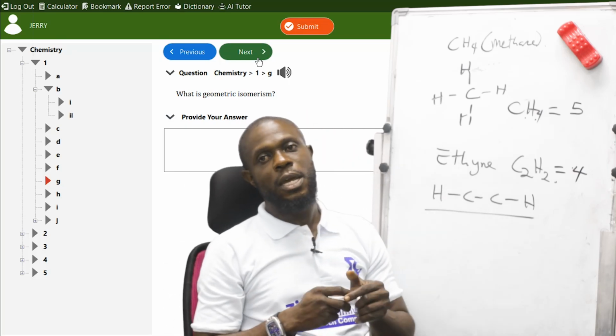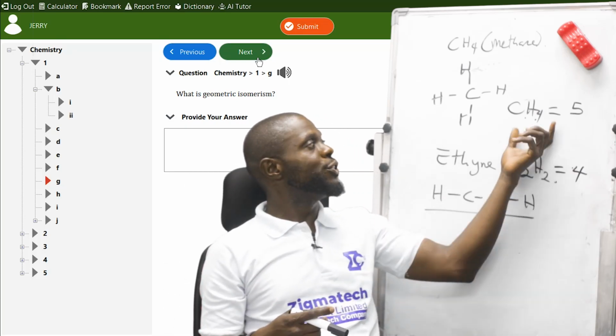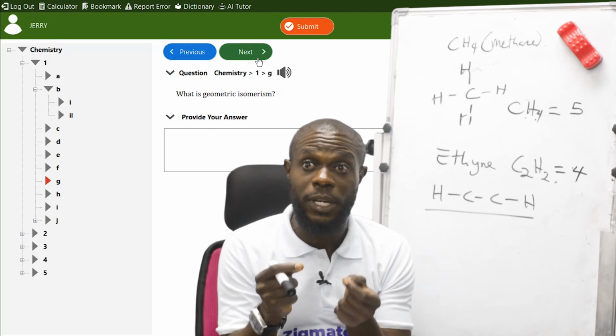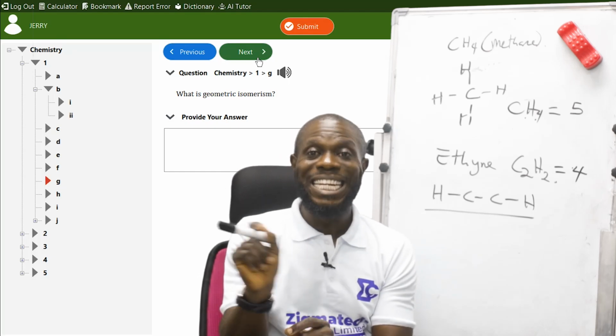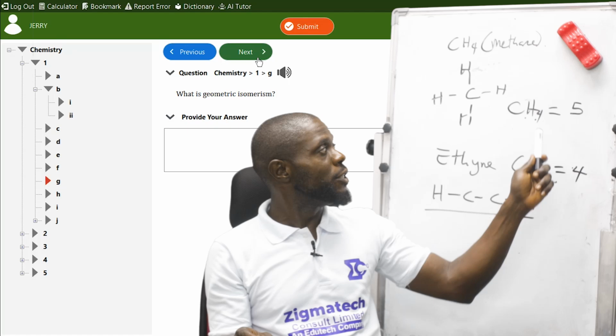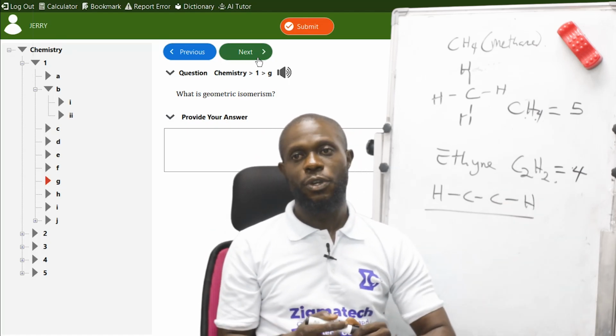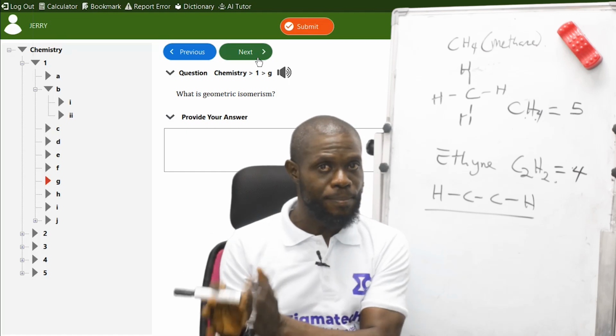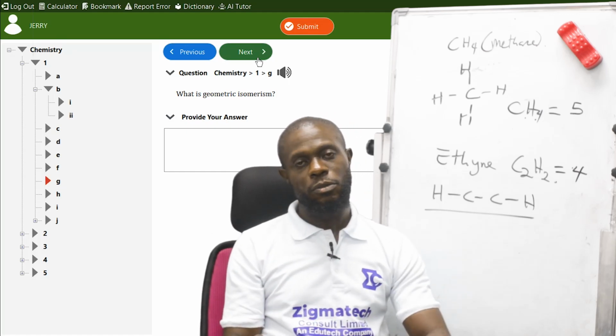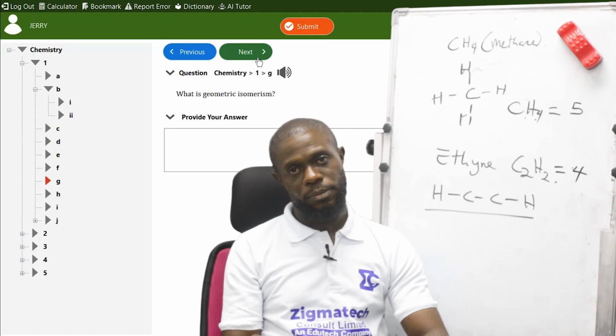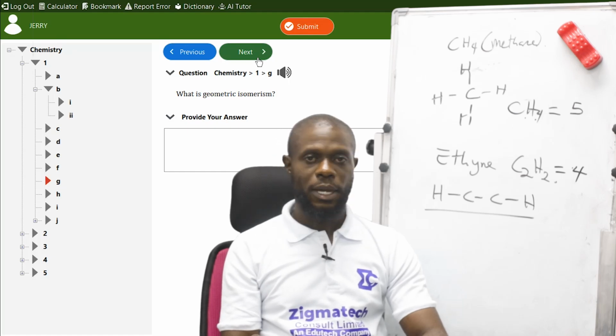But when checking isomerism, you look at the written subscripts. This number is the base of the elements. If the written subscripts are the same, then those two compounds are isomers.